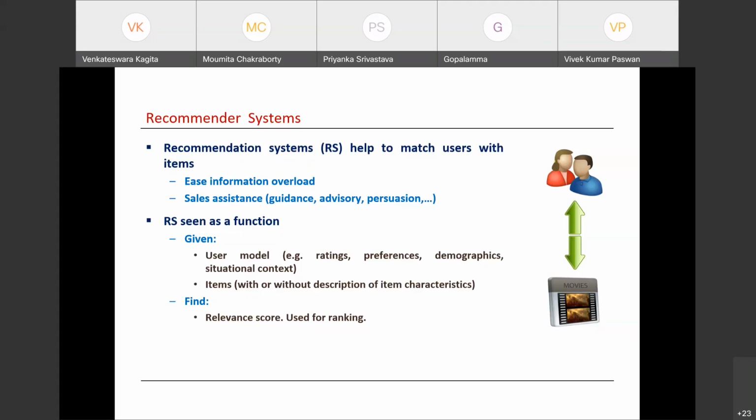So this is a function taking the user model and items and returning a relevance score. That's what I'm trying to tell you. A recommender system can be seen as a function which receives the user model and items as the input and returns the relevance score or the ranking as the output, right?